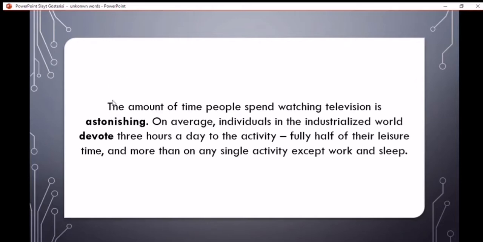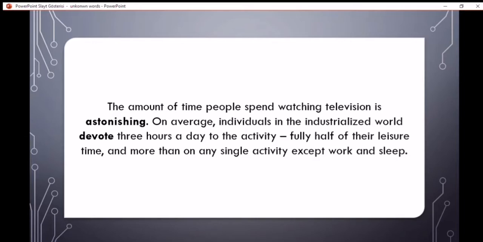So the first sentence talked about the amount of time people spend watching TV, and the second sentence says individuals devote 3 hours a day. So it's more specific than the first sentence, but it kind of gives the same idea, don't you think? Because individuals say people, because the amount of time, we say 3 hours in the next sentence.